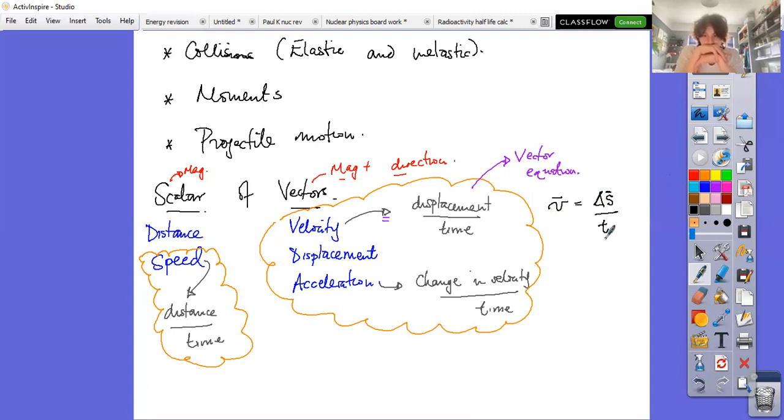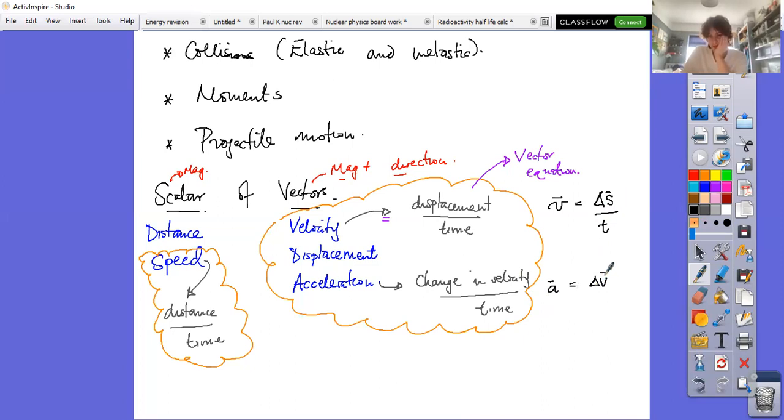Time is a scalar, so I do not need to denote that. It simply scales the vector quantity which is displacement. Likewise, acceleration, strictly speaking, I know you won't see this notation, but these are vector equations.